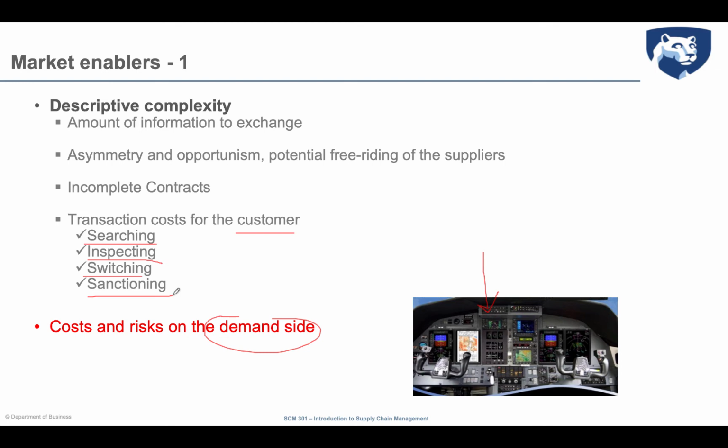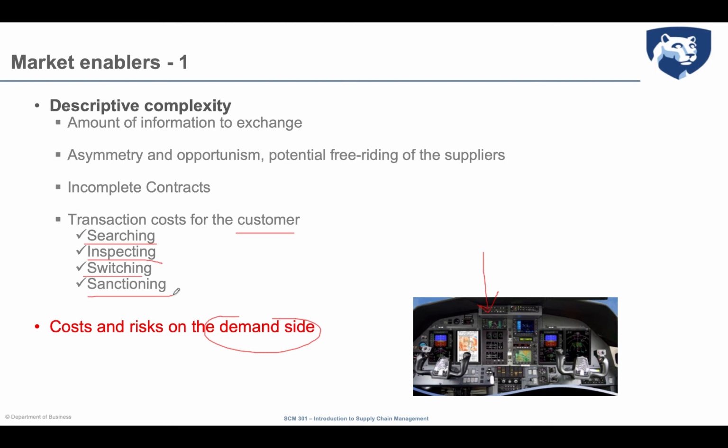All of these are transaction costs, so further search, further inspection, the need to switch, the need to sanction and define coordination mechanisms are all aspects that make transaction costs arise from the buyer perspective.